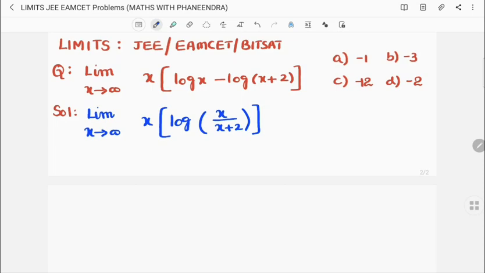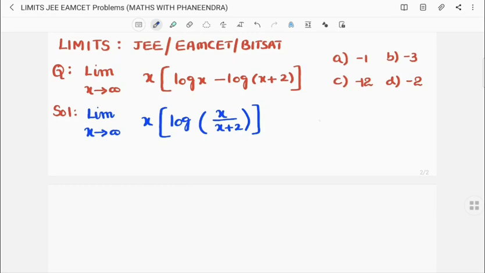Now, in the previous problem also we discussed, as n tends to infinity, n square into cos 1 minus cos of 1 by n, like this it was there. So the same type of problem.